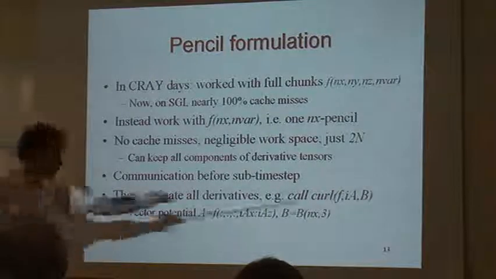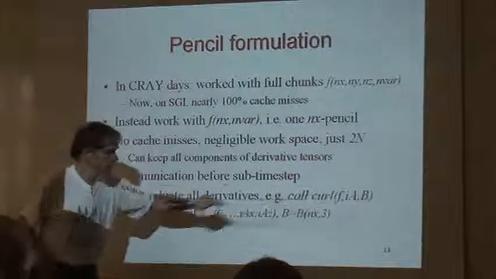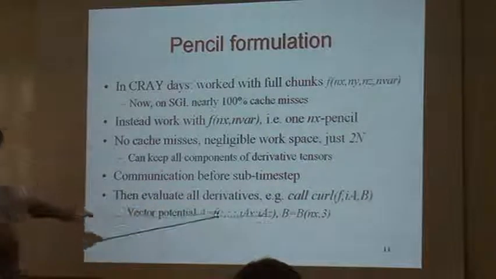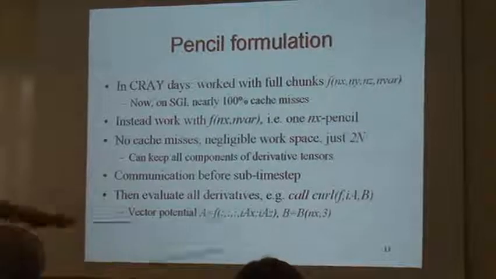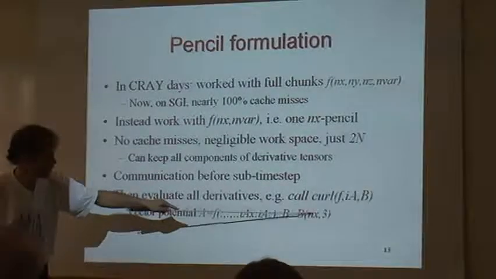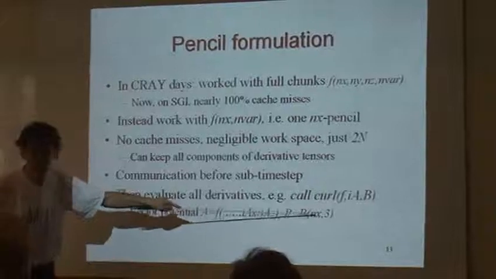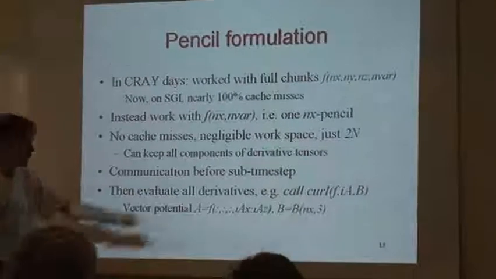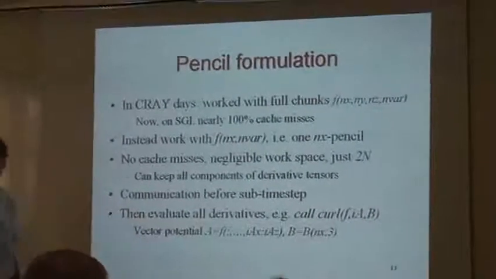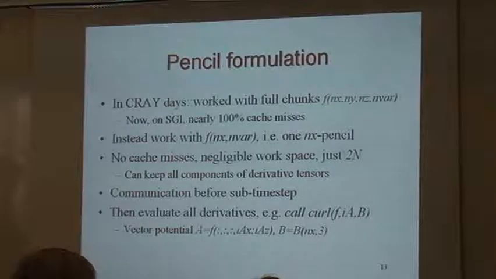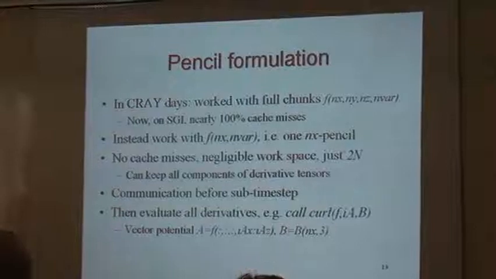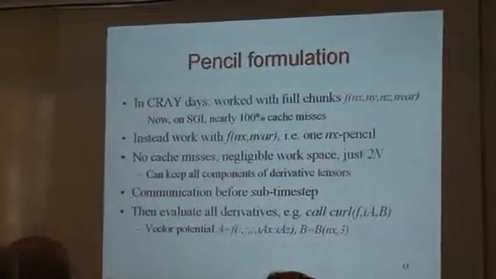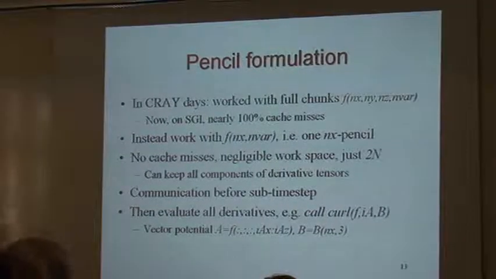But the result of such a calculation is only available at any given time along one pencil, which is a structure Irina has seen earlier today, a one-dimensional structure only. Over this length, it excludes the ghost zones, and in this case, it has an additional dimension of 3. These structures don't require much memory at all, and you can quite freely allocate as much memory as you wish, in particular if it's of computational advantage.